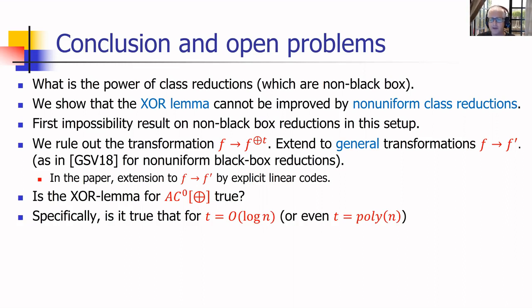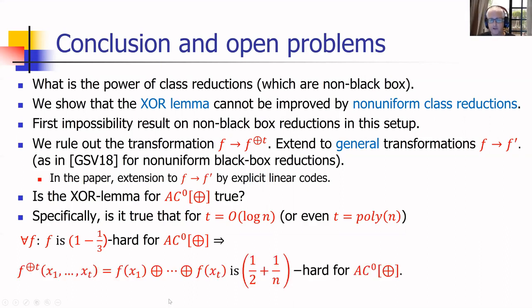So specifically, I'm asking the following question. Is it true that if you take t equals order of log n, or maybe you can extend it to t equals poly n, for every f, if f is 1 minus 1/3 hard for AC0 with parity gates, then f XOR t is half plus 1 over n hard for AC0 with parity gates? Maybe this isn't true, and somebody can give a counterexample. Okay, so that's it. Thank you very much for listening to the talk.